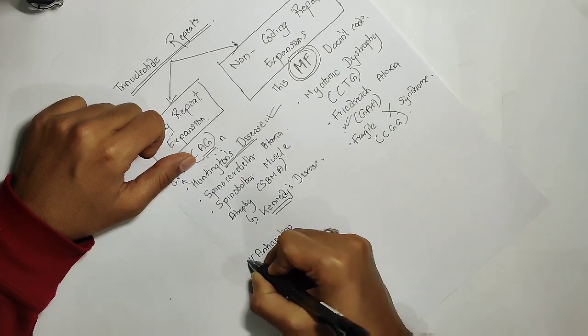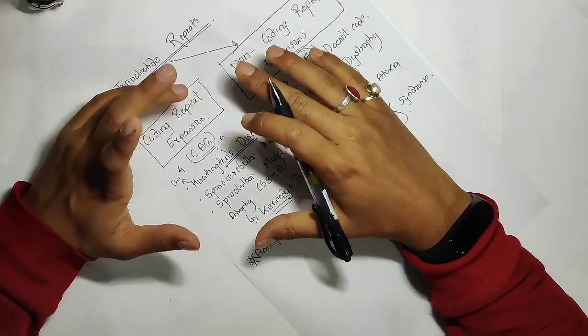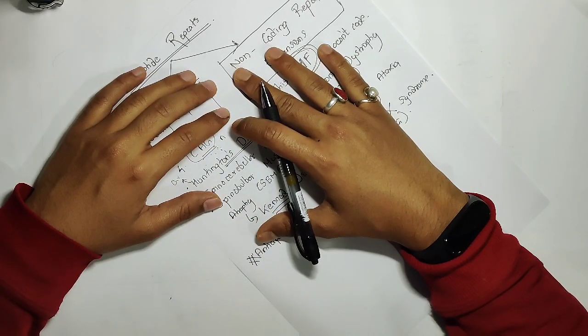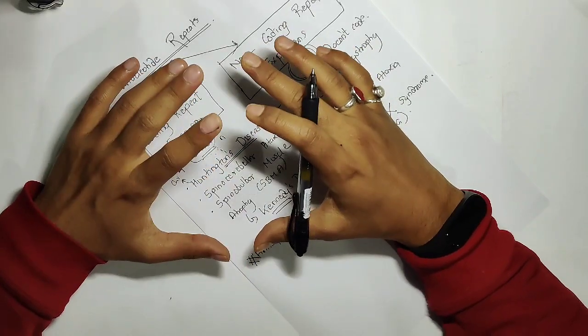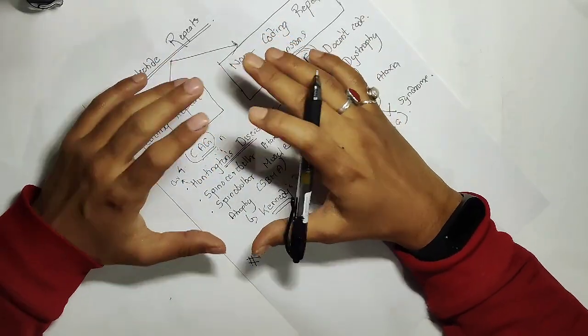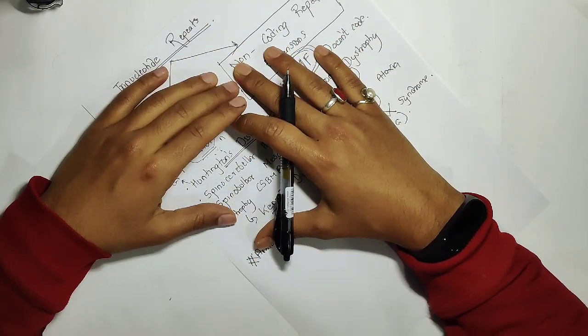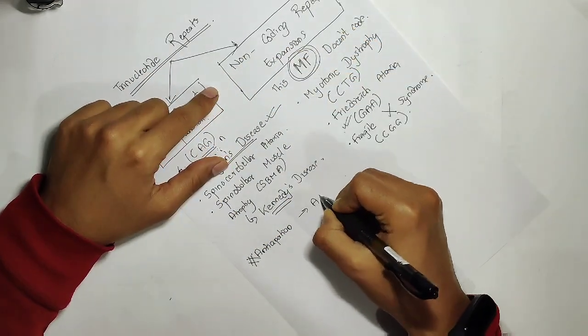And the next high yield association of Huntington's disease is anticipation. I don't know if you have watched House or not, the TV program in which one of the characters does have Huntington syndrome, and in that condition there is a phenomenon known as anticipation. What anticipation means is basically that there is increased severity or early onset of the disease in the successive generation. That means it is autosomal dominant.